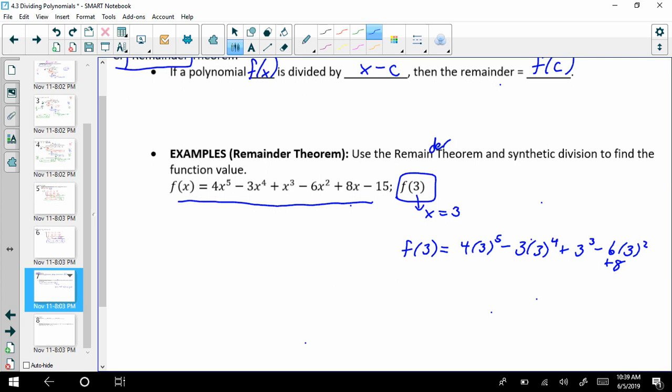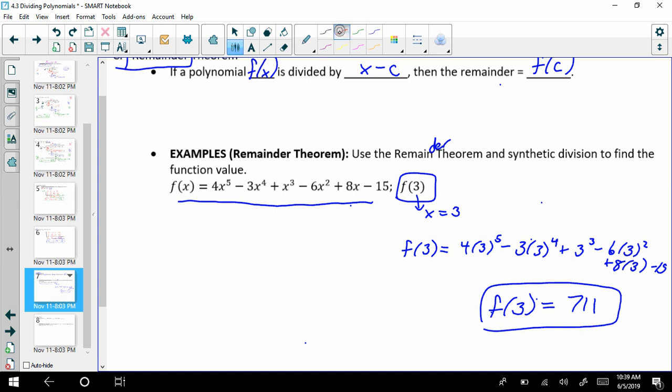So if I plug 3 in for all the x's and I want to know what is my answer that comes out, well, if you did that in your calculator, it's going to be a big answer. f of 3 would come out to 711. Now that is the answer. That is what this problem wants. It wants to know what was the value.